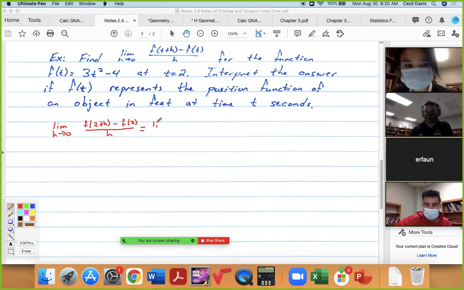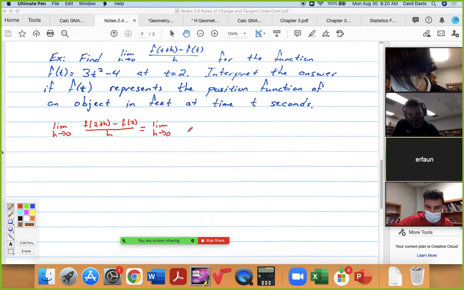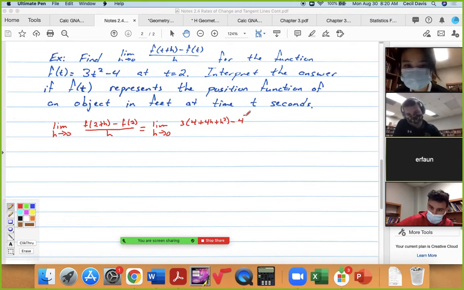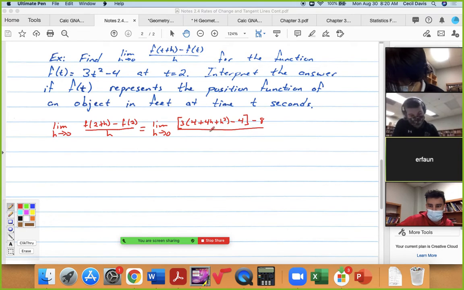So that's going to be the limit as h goes to 0 of, let's see, we're going to have 3 times 2 plus h squared, so that'll be 4 plus 4h plus h squared minus 4. So all that is the first part, minus f at 2. Let's see, 2 squared is 4, times 3 is 12, minus 4 is 8. All over h.